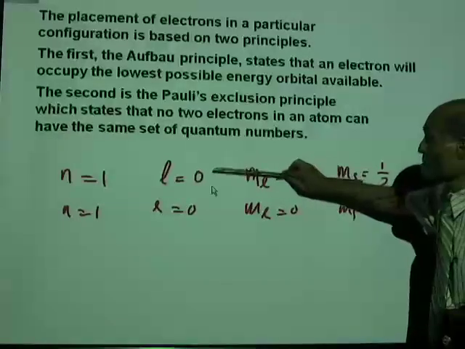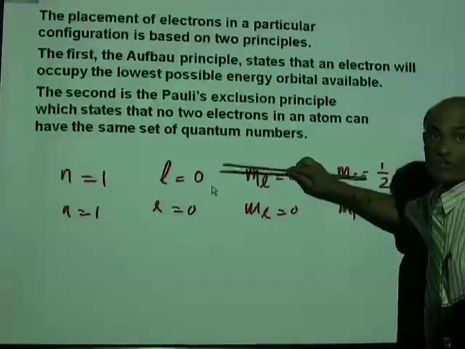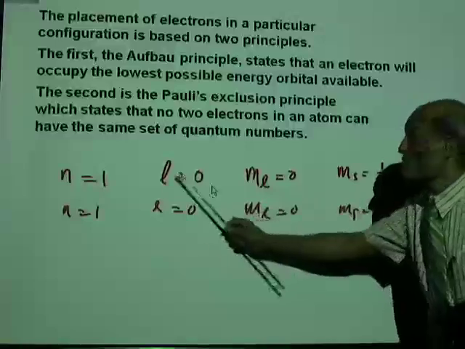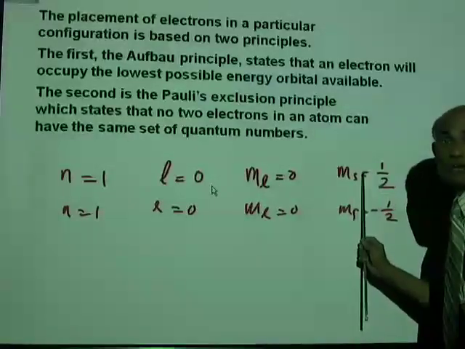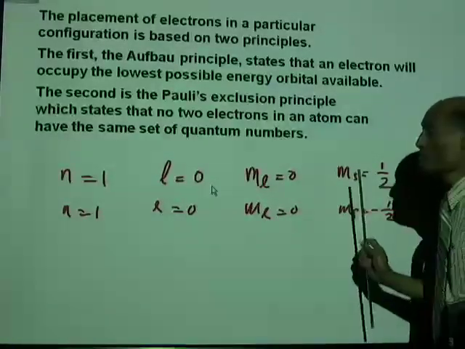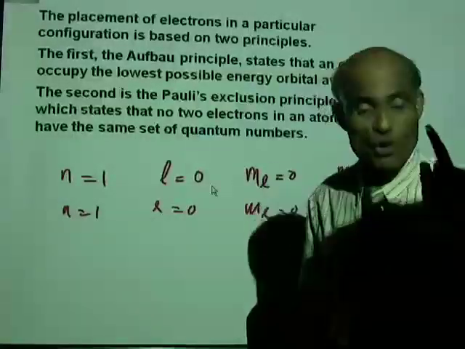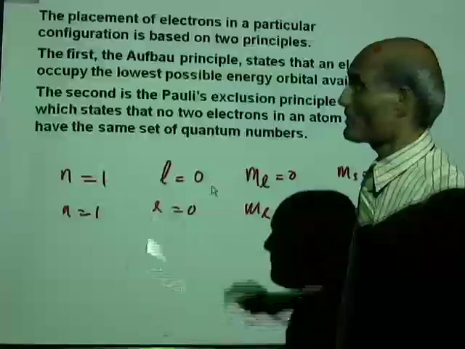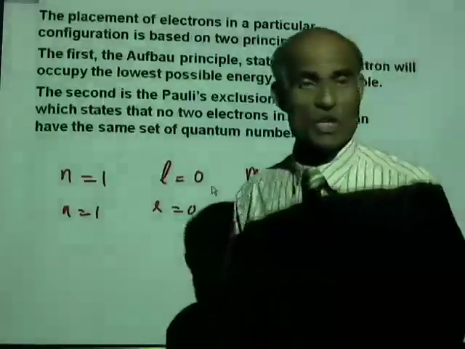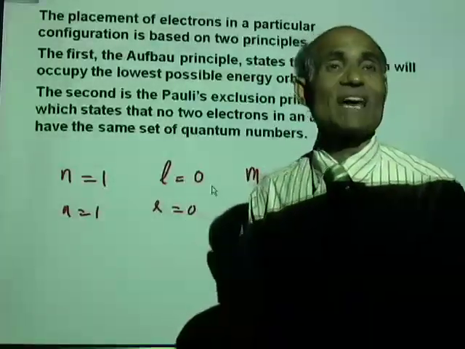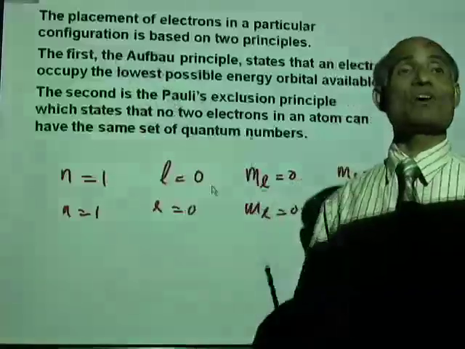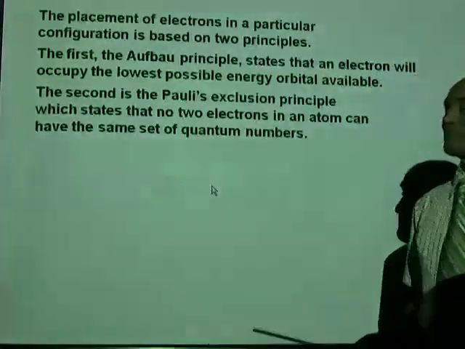So you can have 2 electrons having different sets. You can see all these values are the same, but this one is different. And you cannot have all these 4 values the same for any 2 electrons. That is what Pauli's exclusion principle says. No 2 electrons can have the same set of quantum numbers.